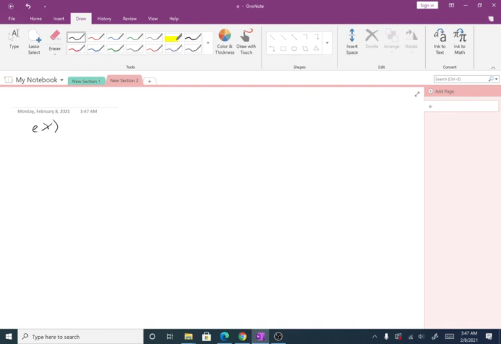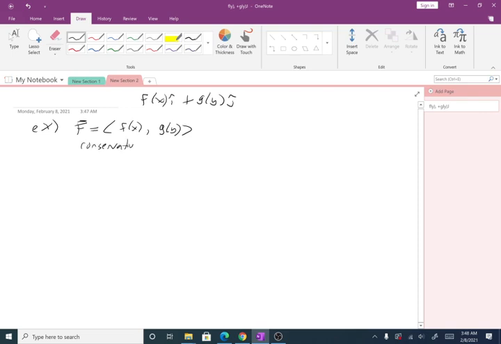This is a very easy one to see. So if we're given this vector field f of x in the first component and g of y in the second component, remember this just means f of x times i plus g of y times j, then the claim is that this thing is conservative. And if we do our test, Py equals Qx, well, we see that P is f, Q is g, so actually Py is 0, and Qx is also 0.